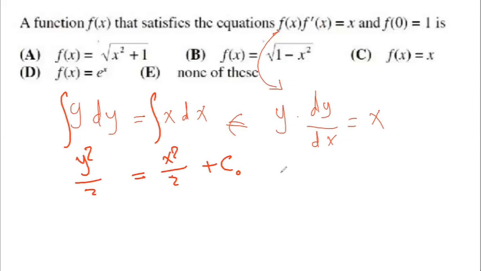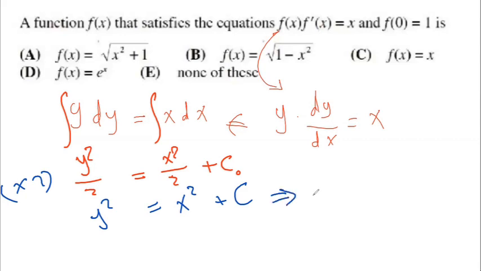If we multiply the entire equation by 2, it will be plus 2C0, but a constant multiplied by 2 is just another constant, whatever it is. So we're going to call it C, a new constant. That makes the equation a lot easier to work with. We got rid of the 2.